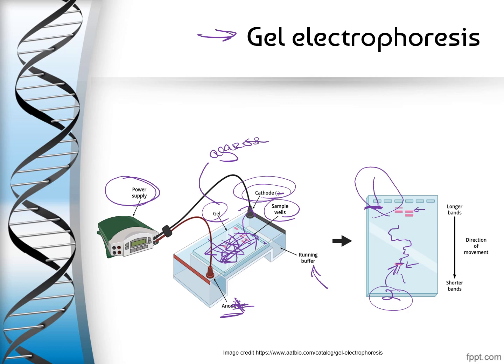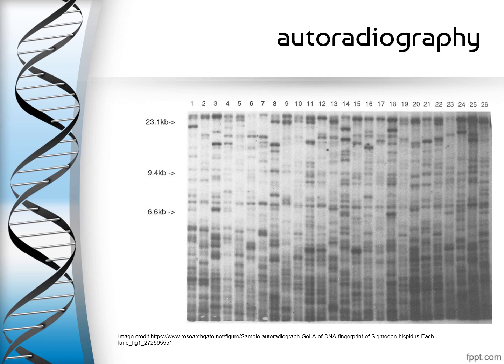We can then take this lovely picture showing us all these different sized fragments. I have shorter bands here and longer bands here, and then I can look at the pattern of these fragments and then match them to other patterns. We can actually take pictures of our DNA fragment samples with autoradiography. We can make some of our DNA nucleotides radioactive.